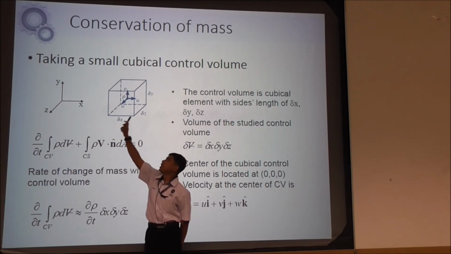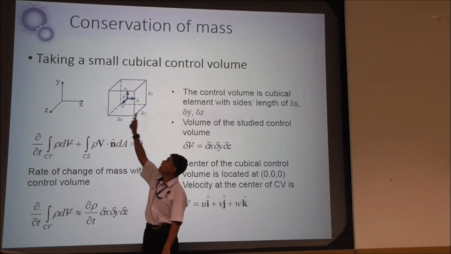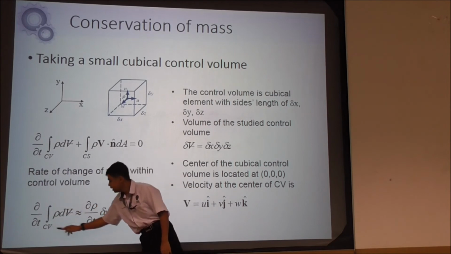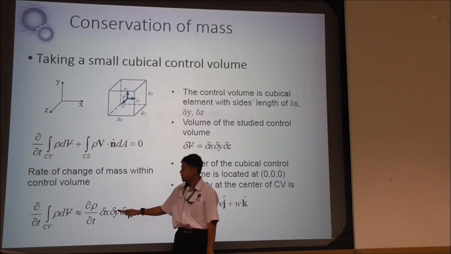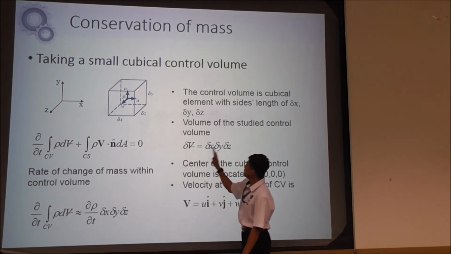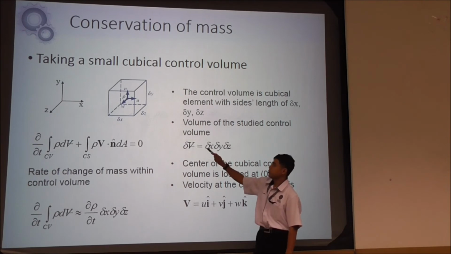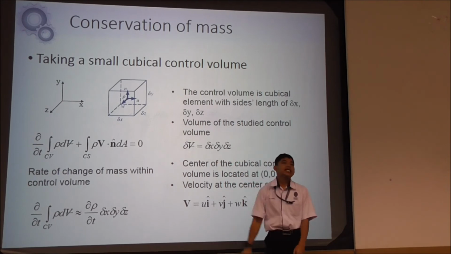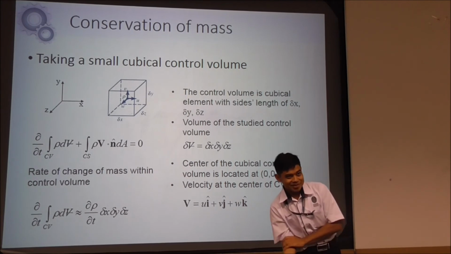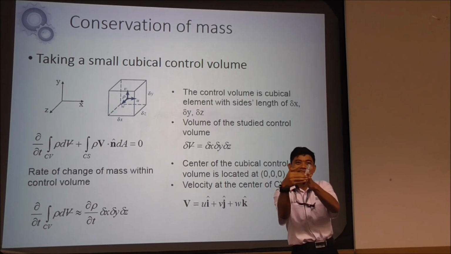This is actually just the side of your cube, right? You have dx, dy, dz. So your d/dt becomes d rho/dt, dx, dy, dz, because rho dV is nothing but rho times this. Clear? That is the first part. Simple.